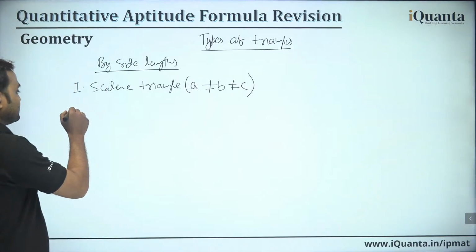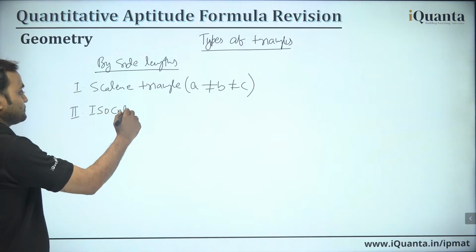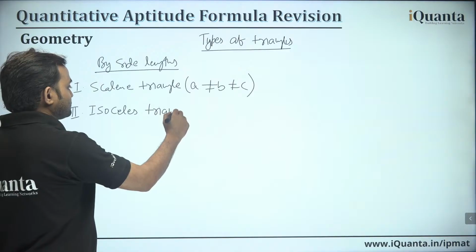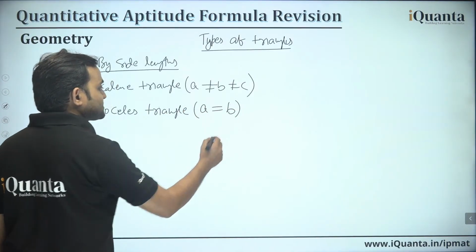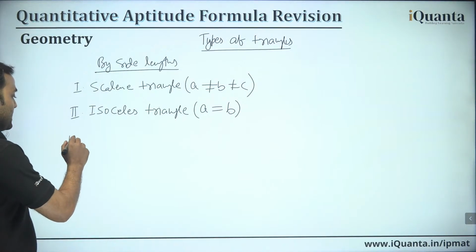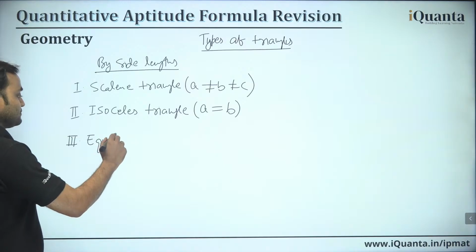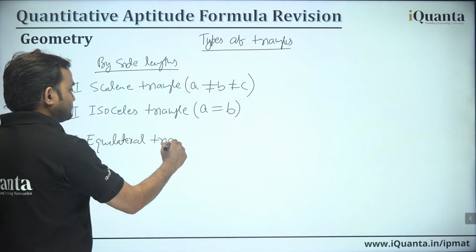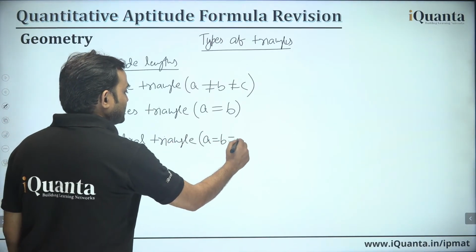Okay. Then second is the isosceles triangle. Now, in case of an isosceles triangle, two sides must be equal, and then comes the equilateral triangle, where all the three sides are equal.